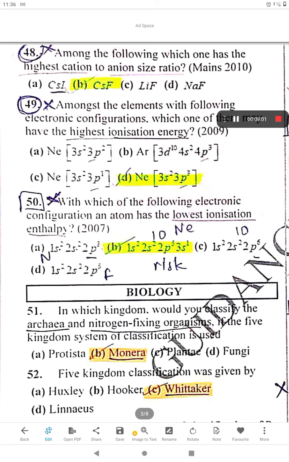Now this is also half-filled, but it is present in a farther shell. It is farther from the nucleus, so it will have the lowest ionization enthalpy. We can get confused between B and D options. B says 1s2 2s2 2p5 3s1, and D says 1s2 2s2 2p5. Now 1s2 2s2 2p5 is nearer to the nucleus, so it will need more energy than the B option, that is 1s2 2s2 2p5 3s1.